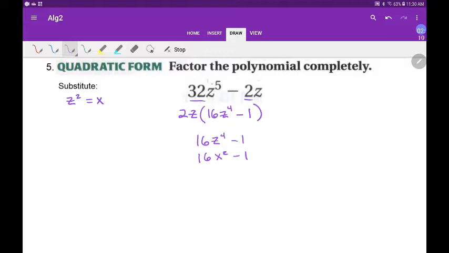And I suppose I could have done it with 16 as well, but I'm just going to say I can recognize this as the difference, since it's a subtraction. It's the difference of two perfect squares. These are both perfect squares. Okay, and I know what to do with the difference of two perfect squares.